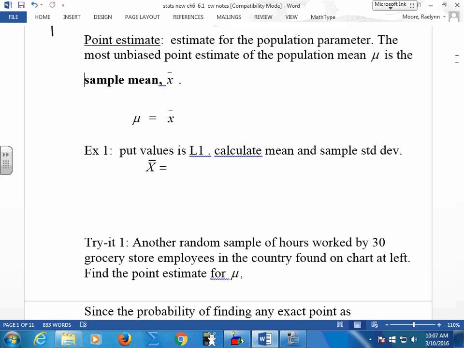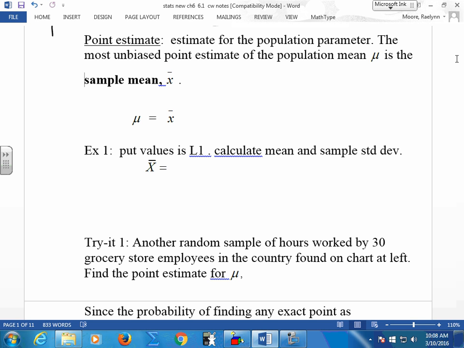And the standard deviation? Add them all together, divide by how many there are, but since I'm asking you to find the standard deviation as well, what would you do? Put it in your L1 and do a one-var stat, right? Would you come out with the mean and the standard deviation?